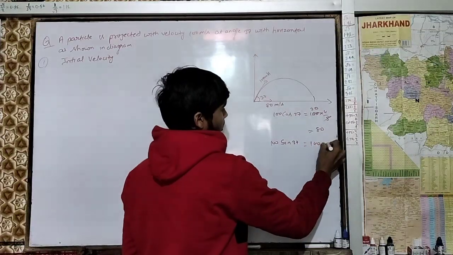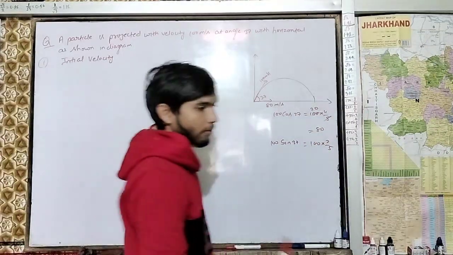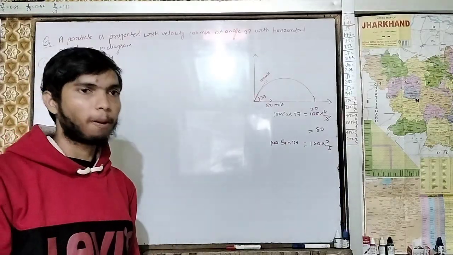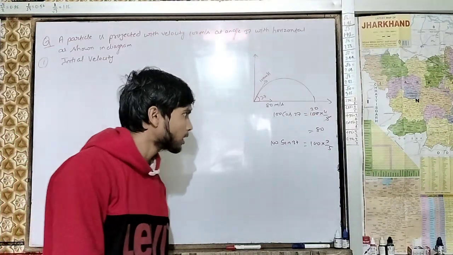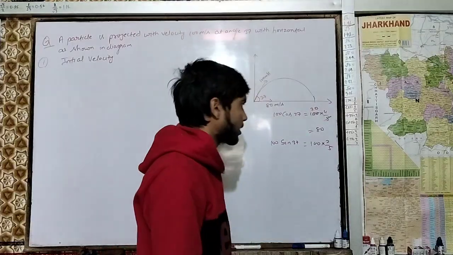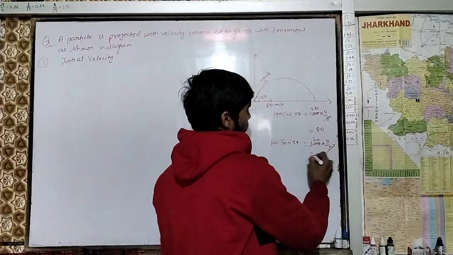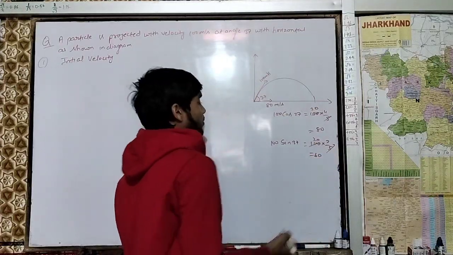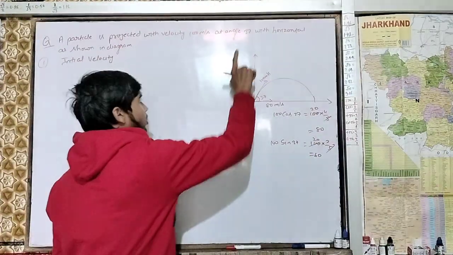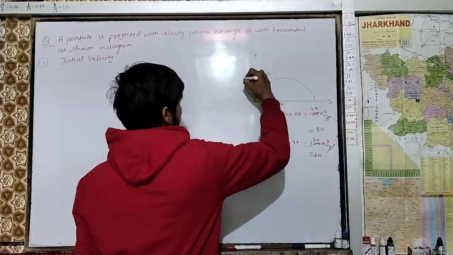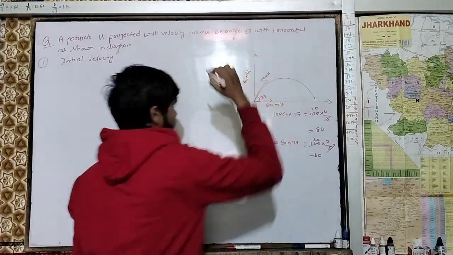So 100 multiplied by 3 by 5. This 5 is the hypotenuse and 3 is the perpendicular. So 20 times 3 is 60. This is the velocity for vertical: 60 meter per second.